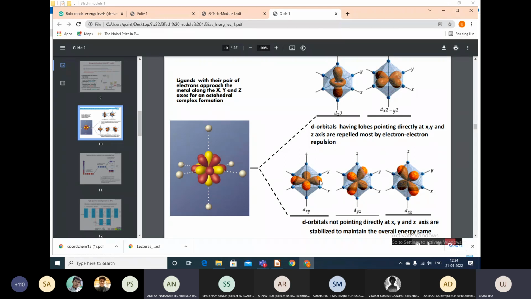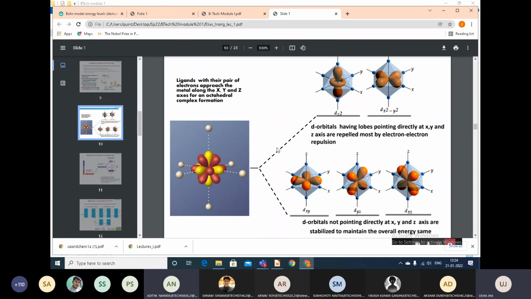So they become lower in energy because there would be less repulsion between the ligand and the electron if it is present in this orbital. If they are away, then they become lower in energy, whereas those orbitals which are directly in line with the ligands as they are approaching along the axis become higher in energy.